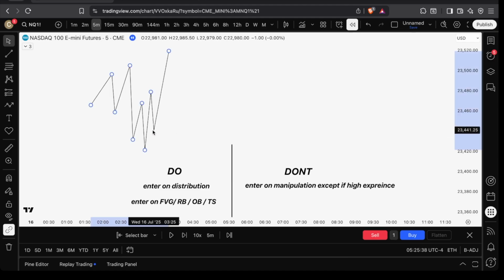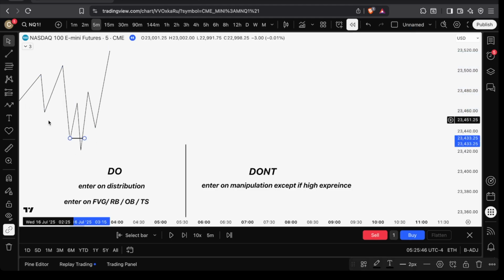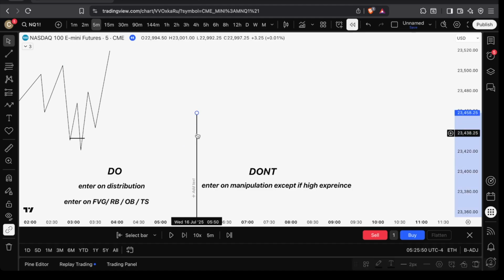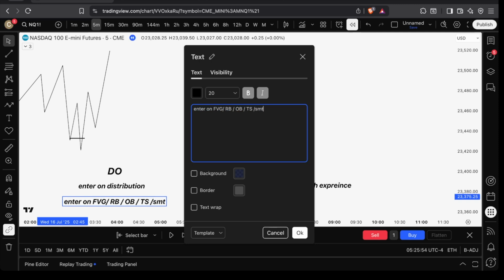You want to enter right here after the turtle soup. Yeah, the turtle soup has happened. Maybe an intra turtle soup, maybe an SMT. Actually, I forgot SMTs. That is also good.